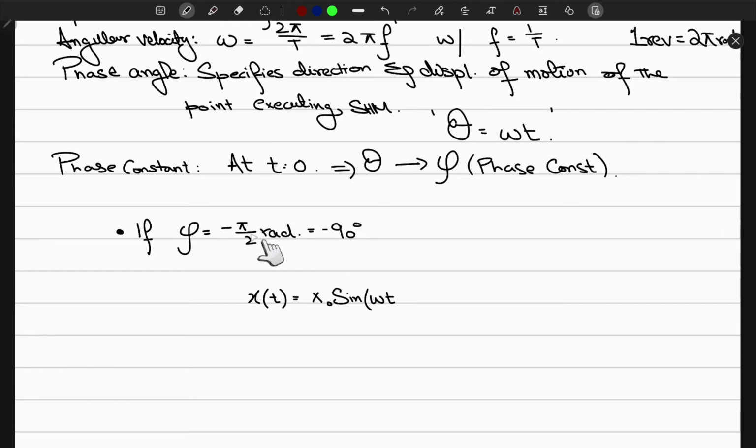Now because you have this phase constant with it, at time t equals 0, the angle displacement was not 0, but it was minus pi by 2 radians. So I can include this in my expression as plus pi by 2.